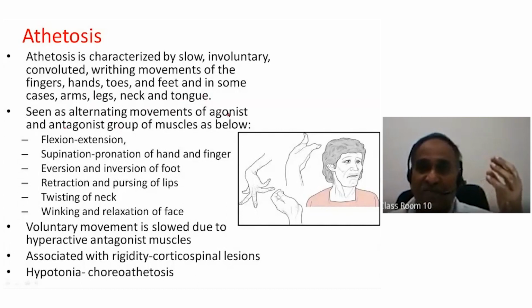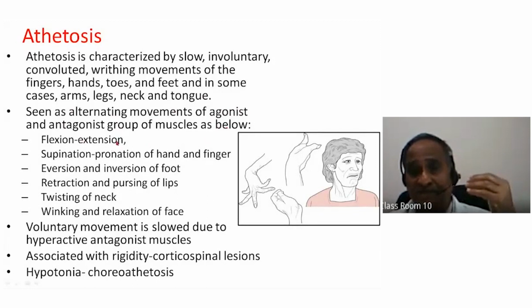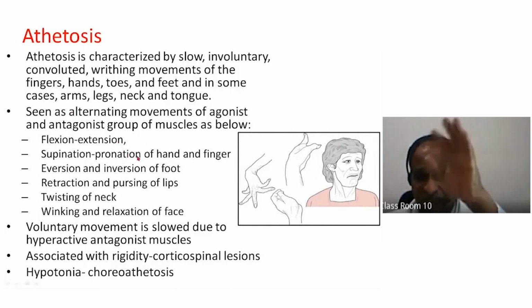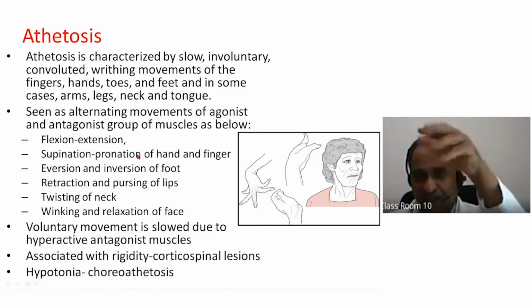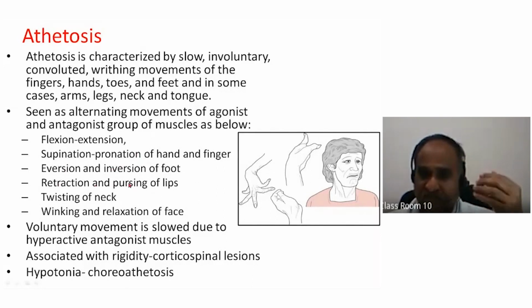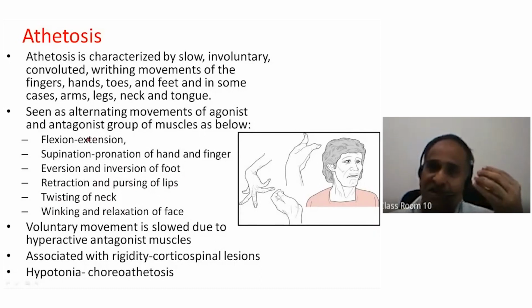Seen in alternating movements of agonist and antagonist groups of muscles, that is flexion or extension, supination, pronation. Slowly, it will not happen like this. Slowly like this, unpatterned. Athetosis, slow writhing movements. The eversion and inversion of the foot, retraction and pursing of lips, the twisting of the neck, the winking and relaxation of the face, all these are part of the athetotic movements.